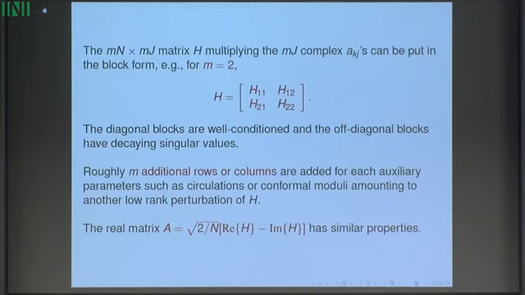The other thing I didn't quite show you is there will be extra conditions, basically m extra equations, just to solve for the m circulations. But that will just be a rank m perturbation of this basic structure.